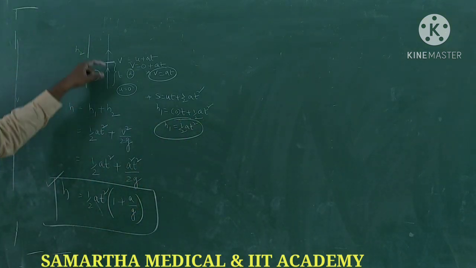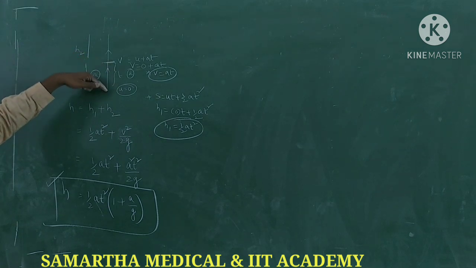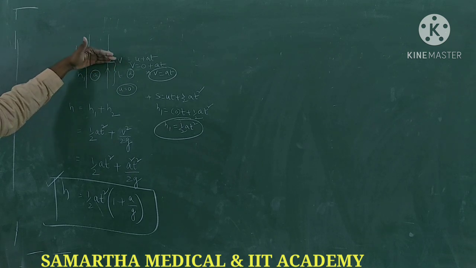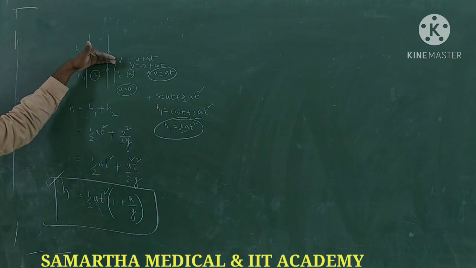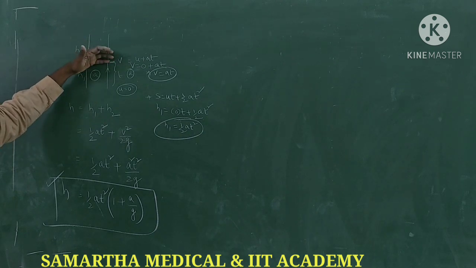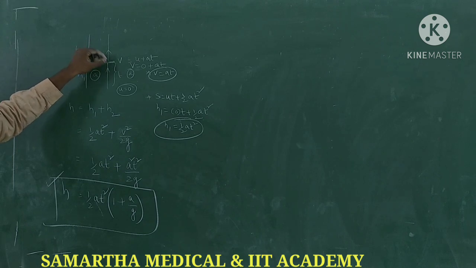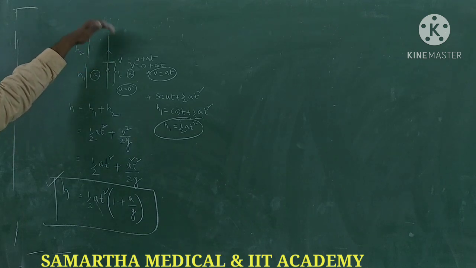Plus h2, v square by 2g. Till here it reached velocity v, and that is the initial velocity. Since no fuel is there to burn, only due to gravity it keeps going upward till its final velocity becomes 0.